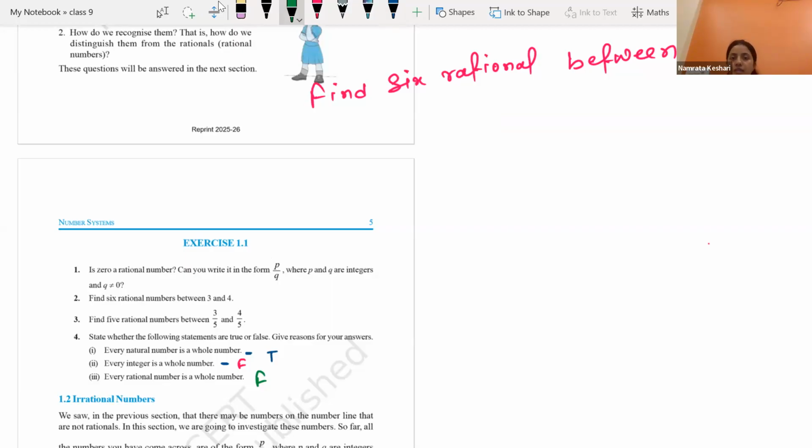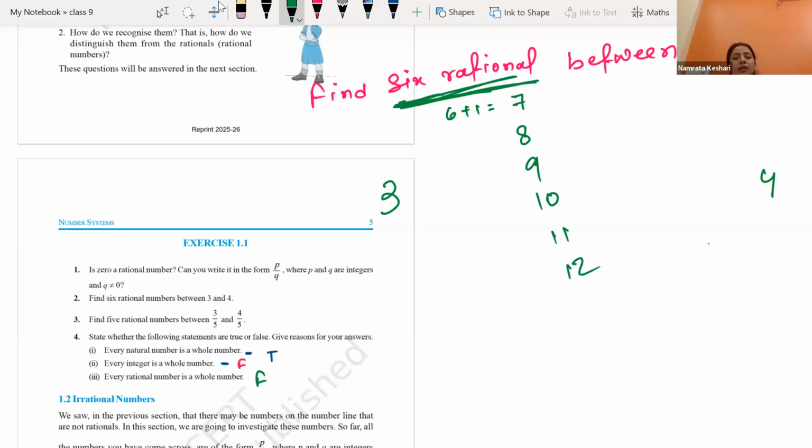The short trick says that if you want to find six rational numbers in between 3 and 4, you multiply by 6 plus 1, that is 7. You can take a bigger number as well, 8, 9, 10, anything, but at least take 7.